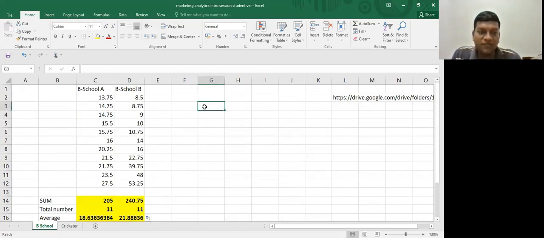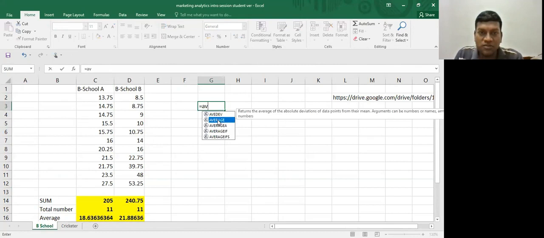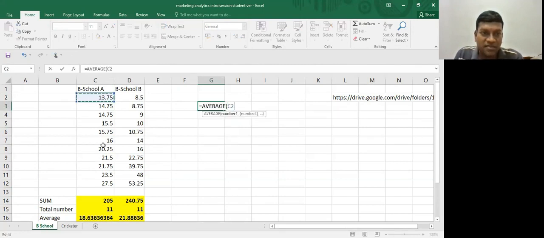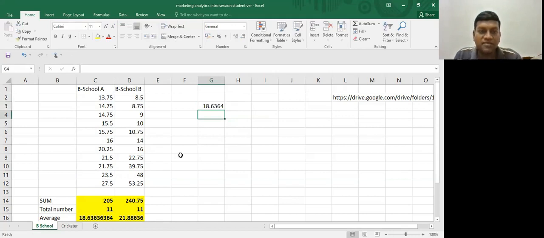Instead of doing this in a roundabout way, we can directly use the formula, which is average. I just select the numbers, and straight away you get it. This is for B school A, and I just copy it here. The same thing happens. This is for A, this is for B.